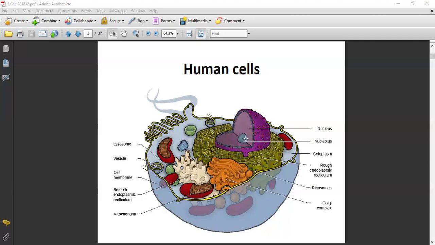Then what forms this membrane? What forms this compartment? You have to separate this compartment from other compartments, right? So you have to have an enclosed wall or capsule to separate them.